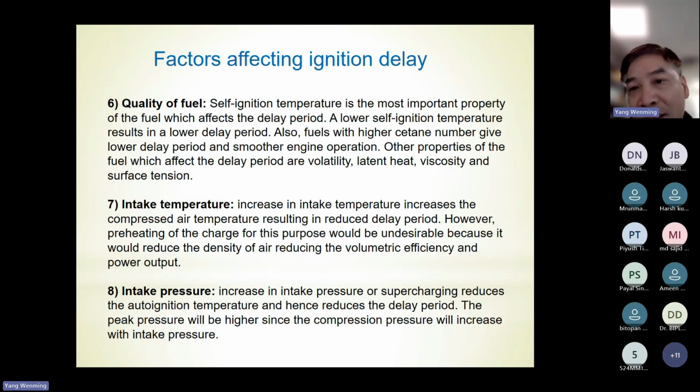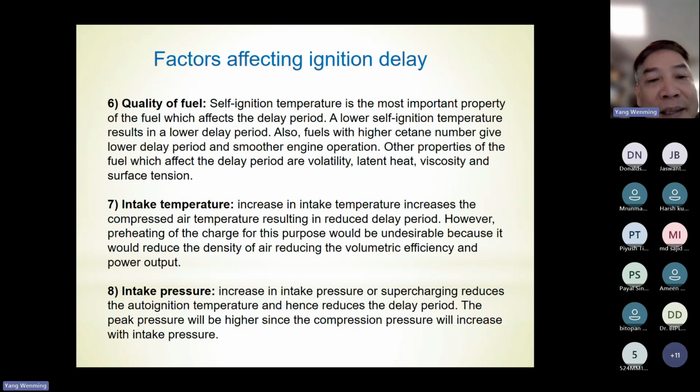As a result, the ignition delay time will be increased, correct? The next one is viscosity and surface tension. A higher viscosity or higher surface tension will affect the fuel evaporation. Thereby, the ignition delay time will be increased.